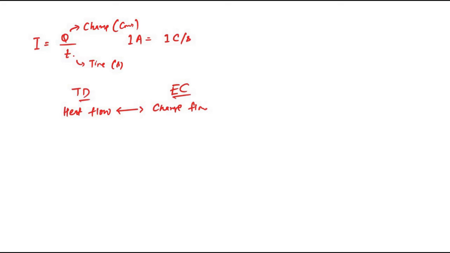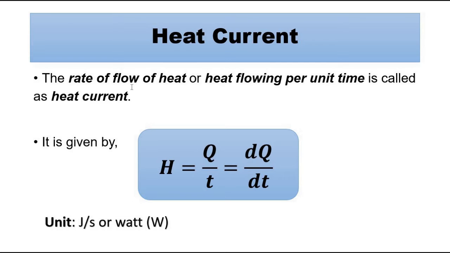Electrical current here is analogous to heat current. So if charge flowing per unit time is electrical current, then heat flowing per unit time will be heat current. So heat current is the rate of flow of heat, or heat flowing per unit time. That is the definition of heat current.